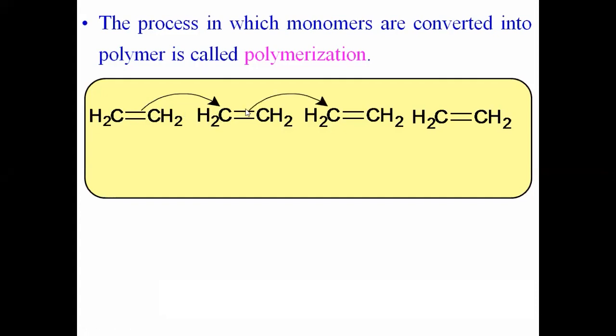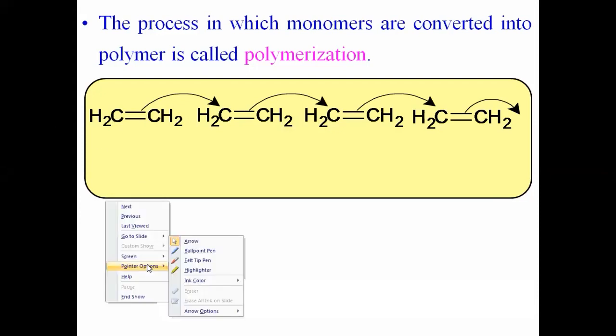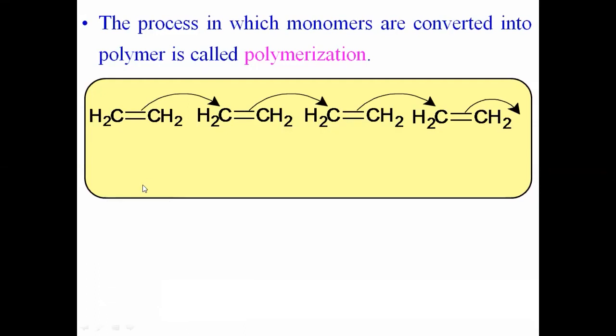Then again this pi bond breaks, and a bond forms between these 2 carbon atoms. Similarly, the next pi bond breaks and a new bond forms, and this carbon forms a bond with another. Thus, due to the addition of a number of ethylene molecules, a long chain compound is formed.